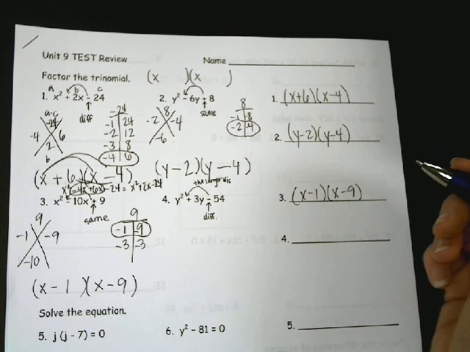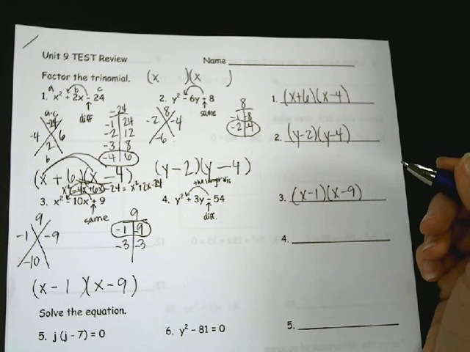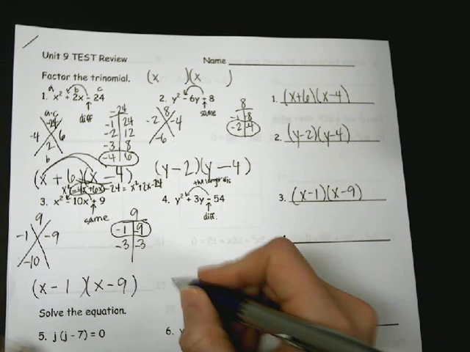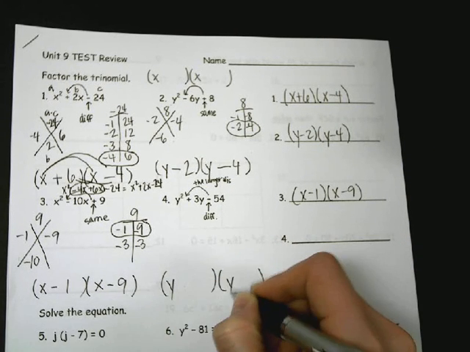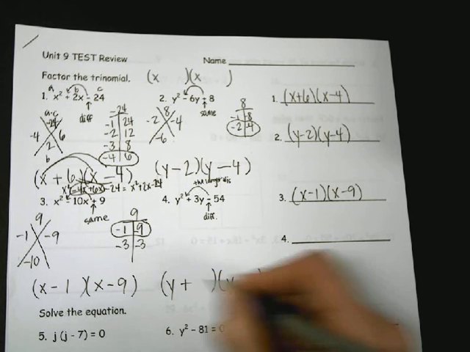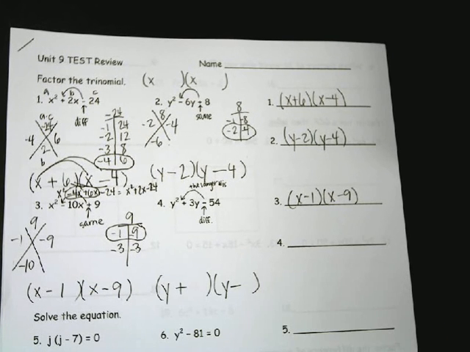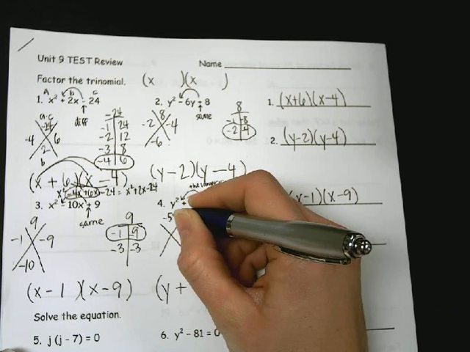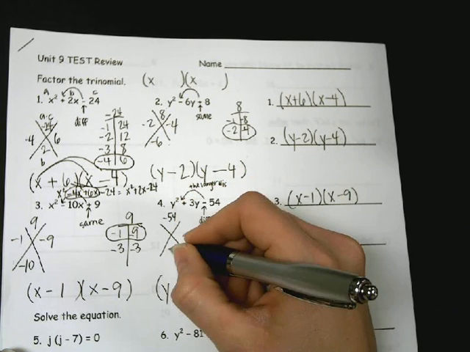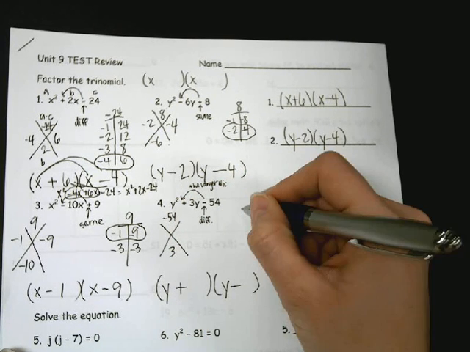So you're thinking what multiplies to give you a negative 54, what adds to give you 3. Let's see. What multiplies to give us a negative 54? Well, 1 and 54, 2 and 27. Let's see.